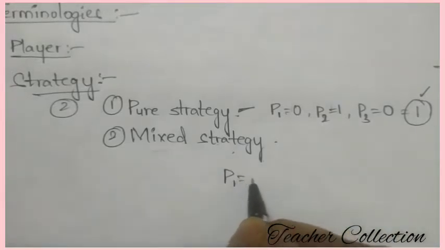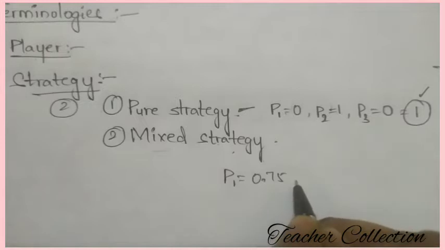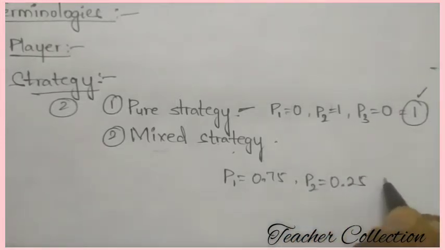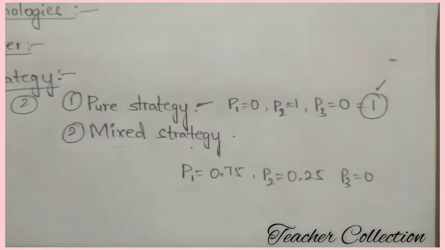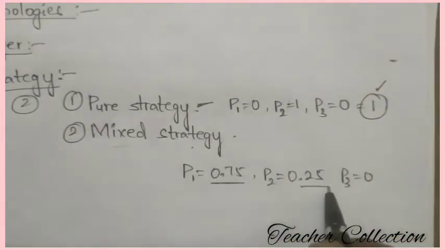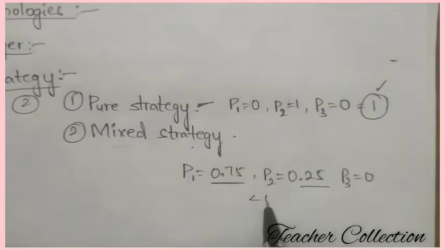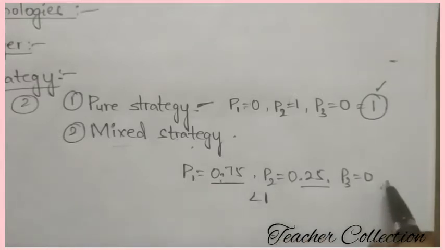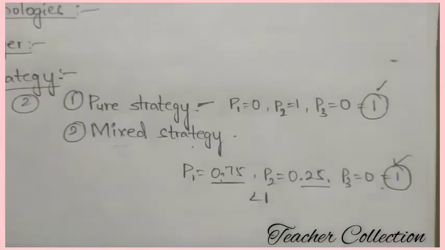For example, probability of first one is 0.75, probability of second one is 0.25 and probability of third one is 0. Here these probabilities are less than 1, and by adding all these probabilities we will get 1. Okay, this is a mixed strategy.